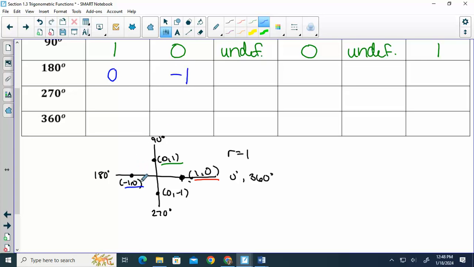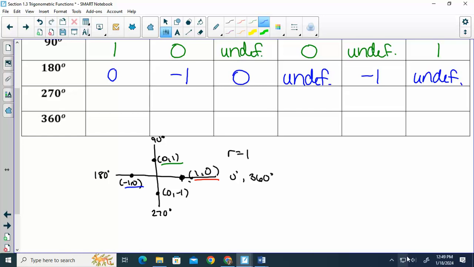Tangent, y divided by x, 0 divided by negative 1. Cotangent, you could think x over y or the reciprocal of tangent. Okay, secant, the reciprocal of cosine, or r over x, and cosecant.